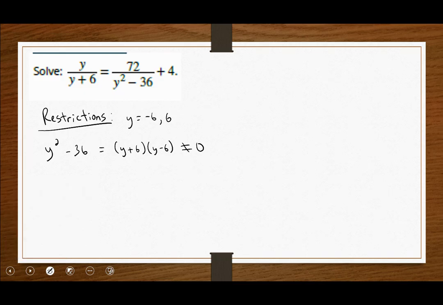So moving forward, we identify now our LCD value, which happens to also be y plus 6 and y minus 6, and use it to continue the problem.